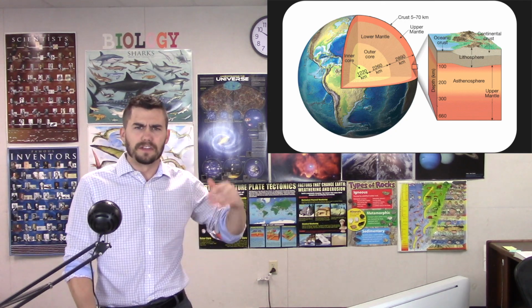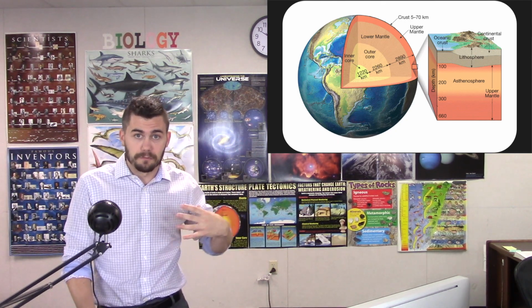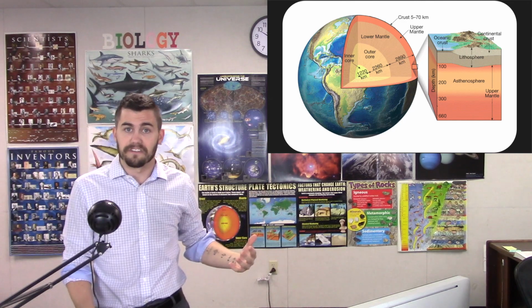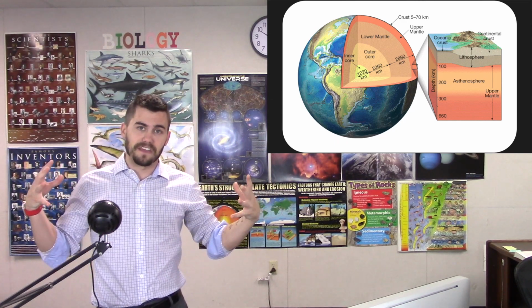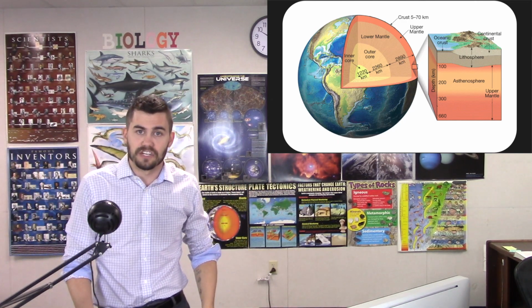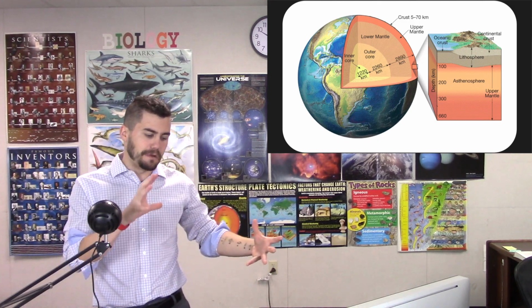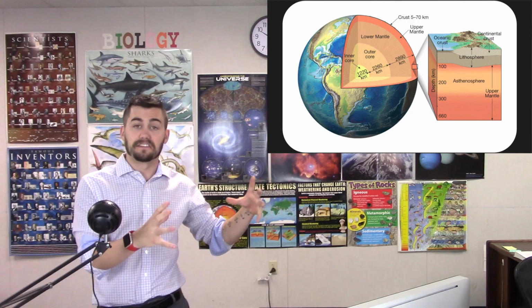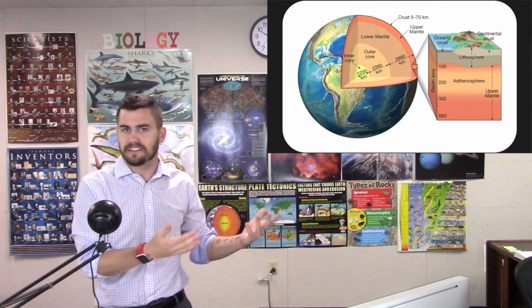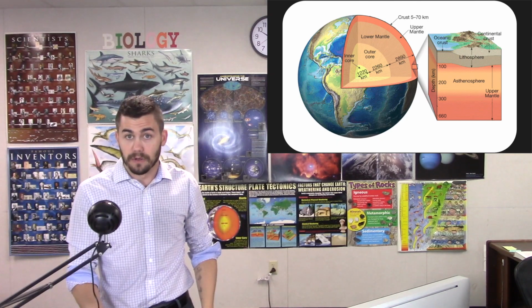So the tallest mountain, which seems like such an exaggerated feature, compared to the rest of the geosphere, is really nothing at all. If we could make Earth the size of an actual globe and you felt its surface, it would feel just as smooth as a bowling ball does.